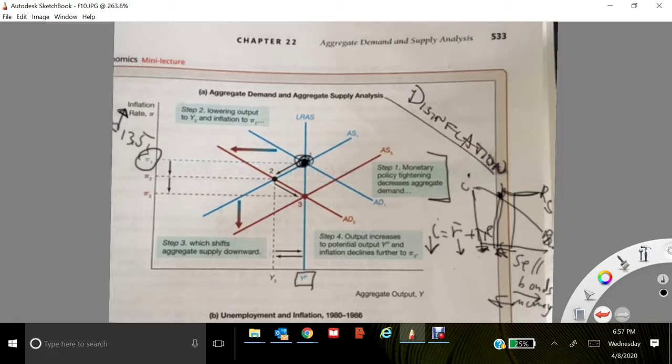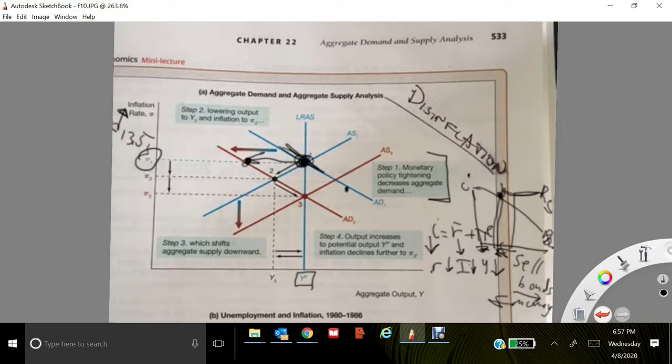As the real rate falls, that causes investment to fall, which causes income to fall, all right? So at any given inflation rate on the original demand curve, we would expect a fall in output.